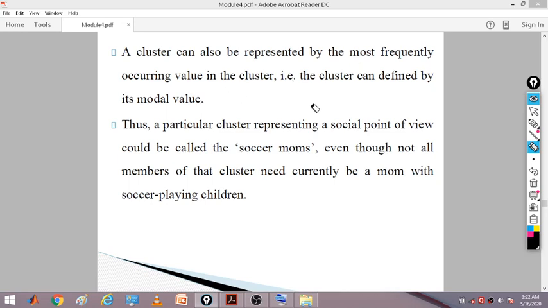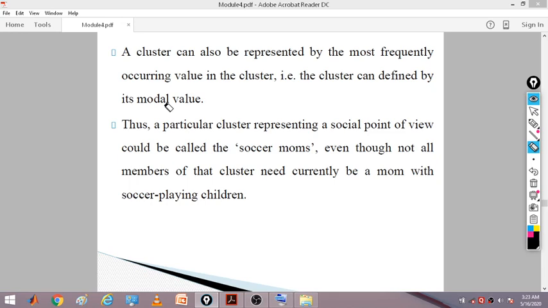That means you are actually taking the mean of the value. So whichever value is frequently occurring, if you take a mean of that, that will be your center point. Indirectly it is a central point, a mean value, which we call a modal value.